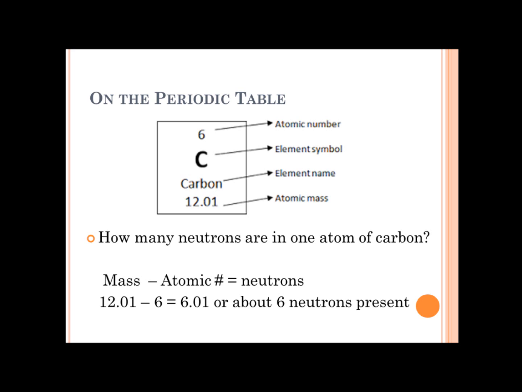The atomic number 6 is the number of protons. So if I subtract 12.01 minus 6, then I'll get 6.01, which means I can round, right? It means that there's about 6 neutrons in an atom of carbon. Okay? So it's just a little practice problem for you to look at.